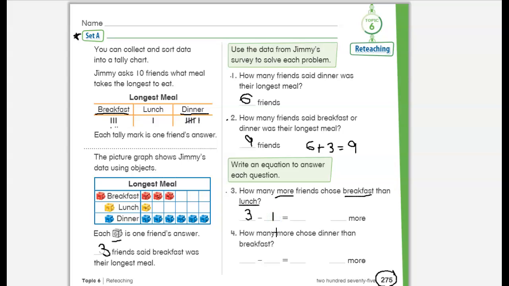Now we subtract. What is 3 minus 1? If you have 3 and you take away 1, your answer would be 2. 2 more friends chose breakfast than lunch.